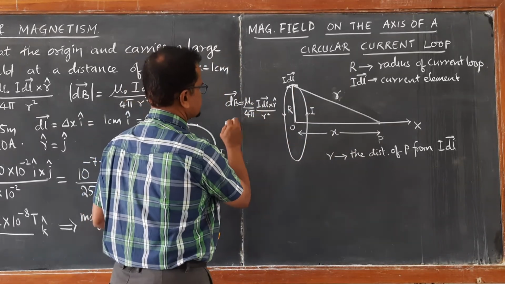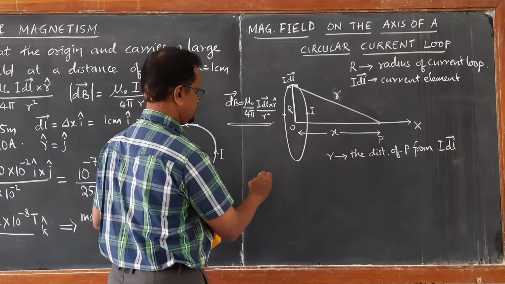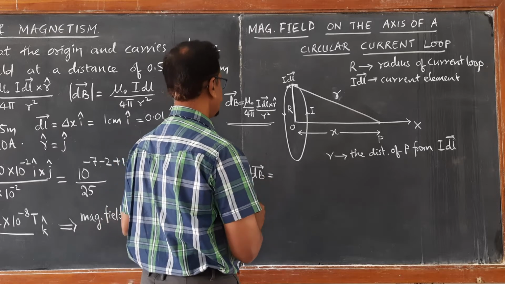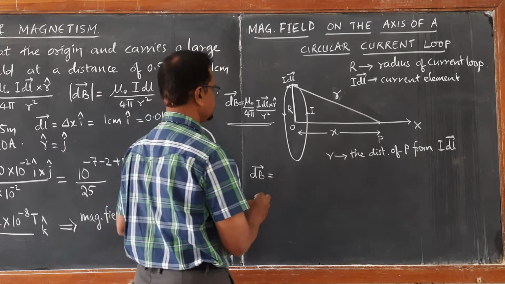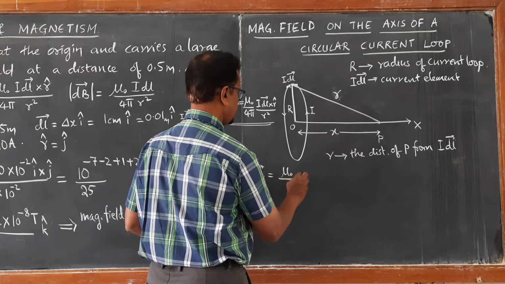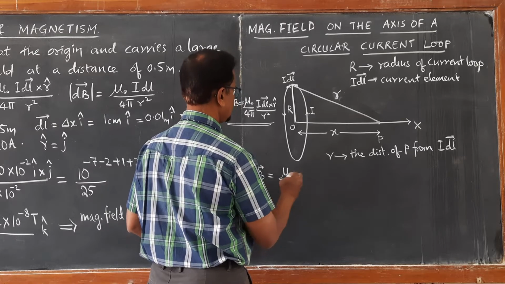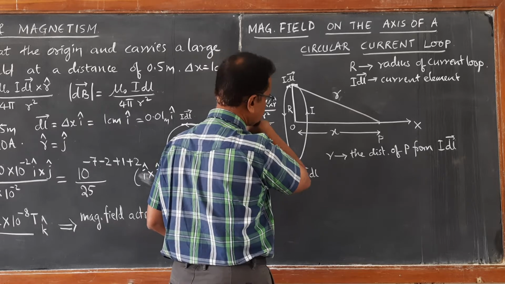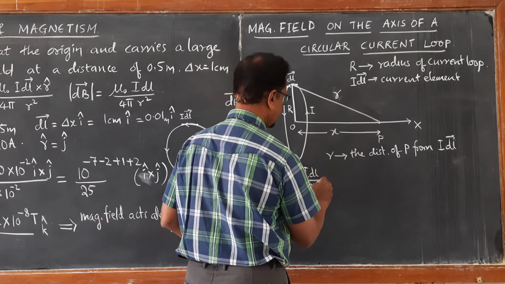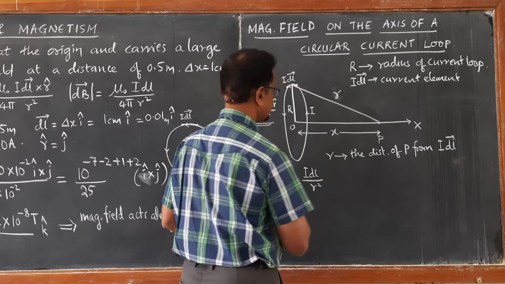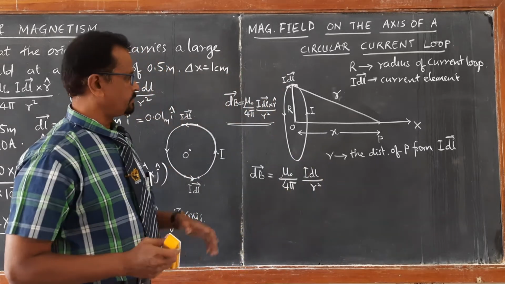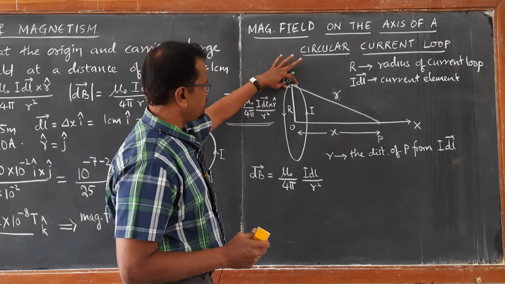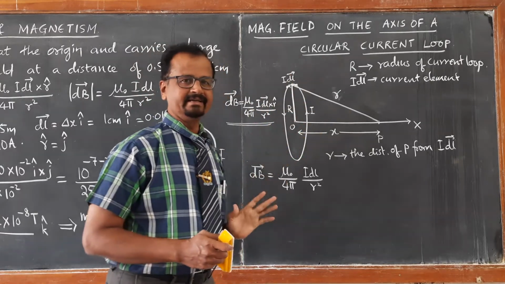So using the Biot-Savart law, I can now write vector dB is equal to mu naught by 4 pi into Idl by r square, because the angle between the Idl vector and this distance vector is 90 degrees.